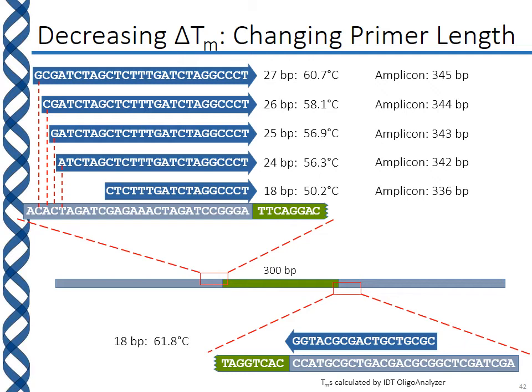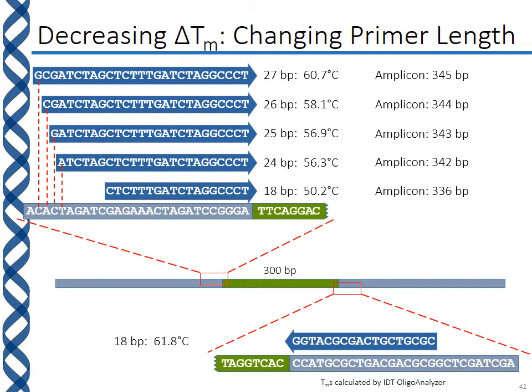Of course this is just all example sequence. The amount that it would change relative to the length is based on what the sequence actually is at those locations, but this gives you one more tool in your arsenal for reducing the delta TM.